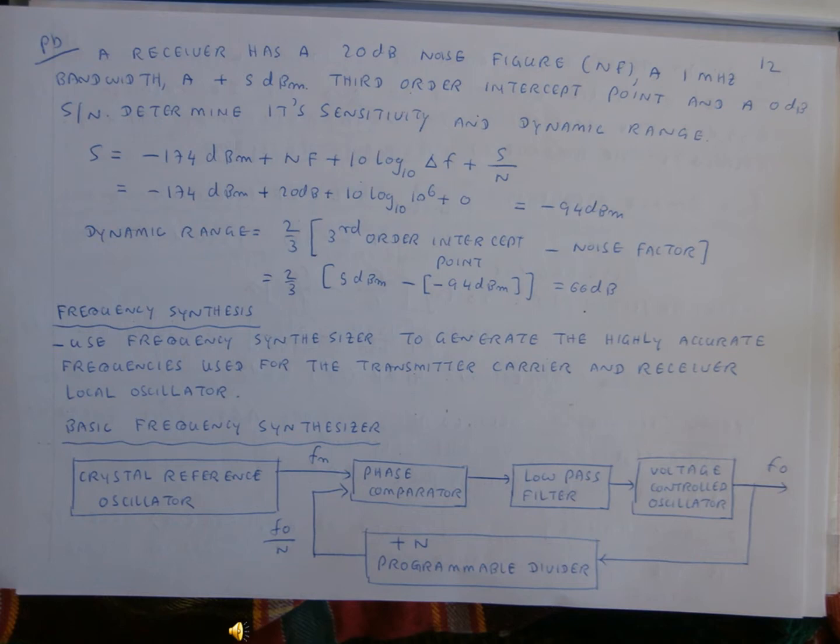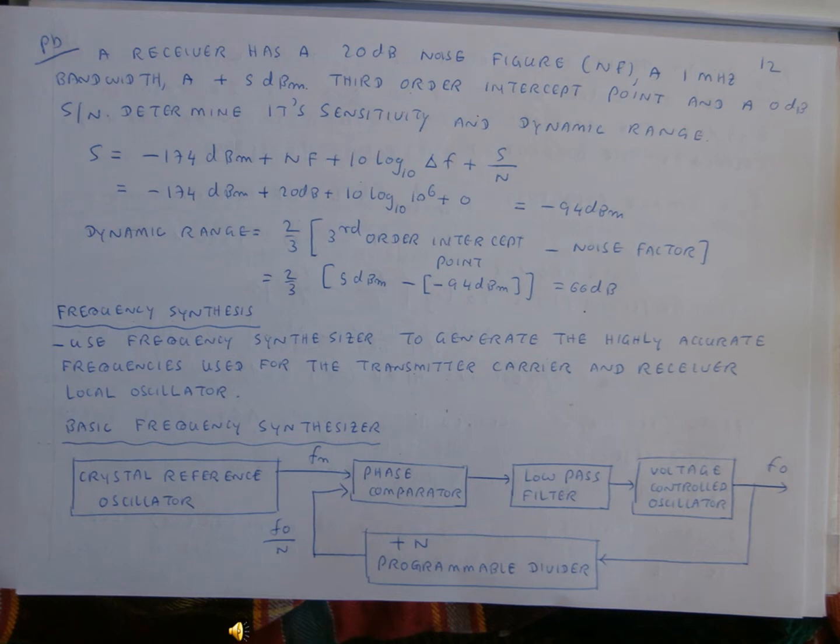In the diagram you can see the basic block diagram of a frequency synthesizer. The crystal oscillator provides the local reference frequency FM. In the meantime, a programmable divider also produces F0 divided by M, where F0 is the output frequency.